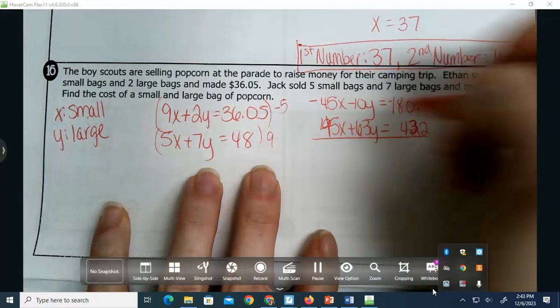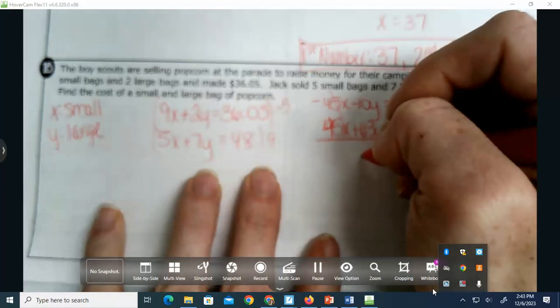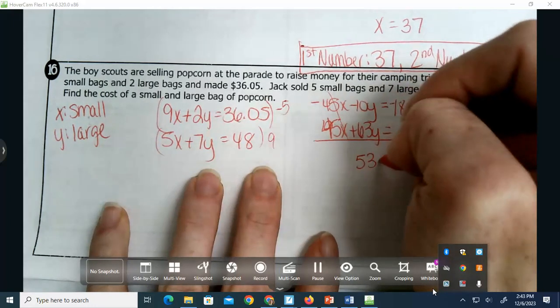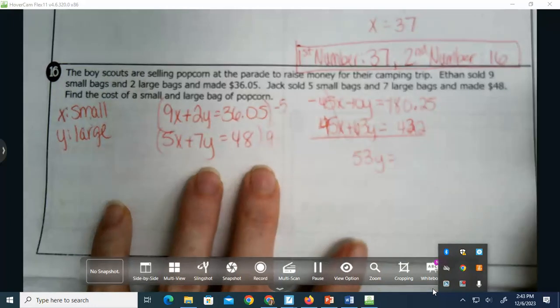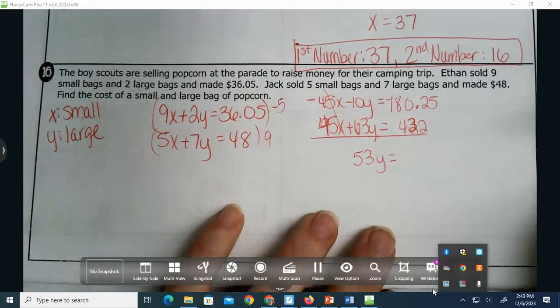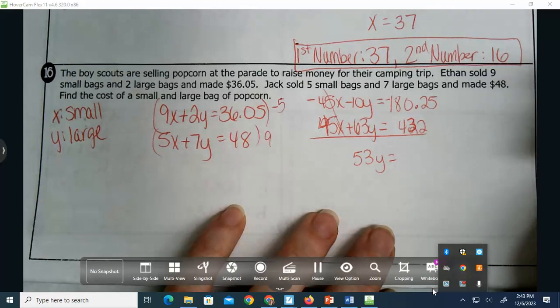Okay, add those together. These cancel, so we get 53y equals -180.25 plus 432. What's that turn out to be?